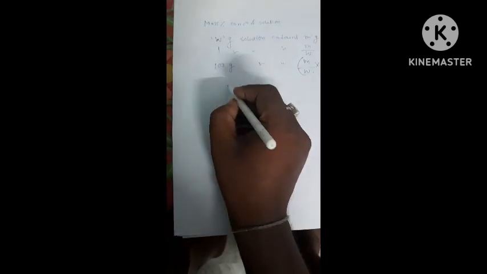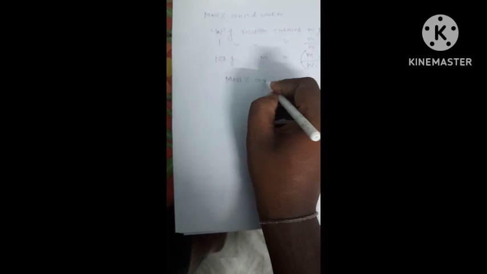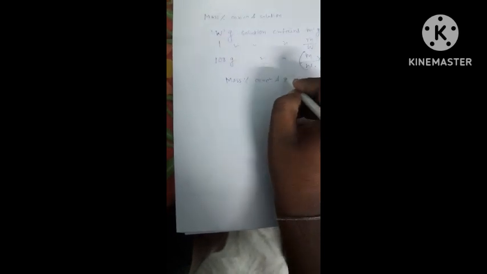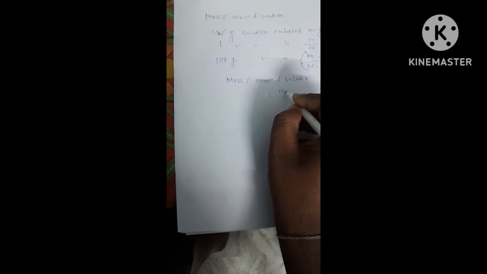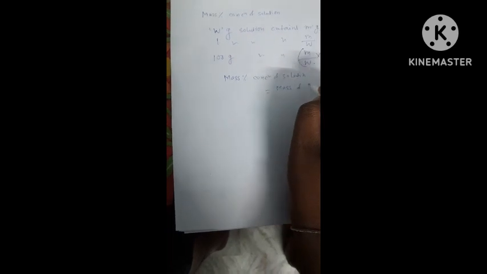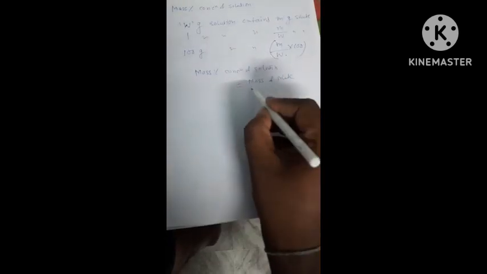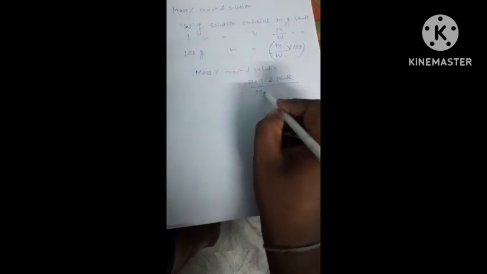Okay, so we can write this one, the mass percentage concentration of solution equals mass of solute by mass of solution.